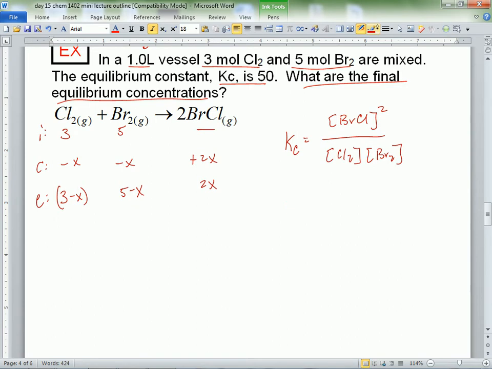Kc is 50. Now what is my BrCl? It is 2x. But I got to square it. Good. Then on the bottom, I'll have 3 minus x and 5 minus x. Is this starting to look familiar?